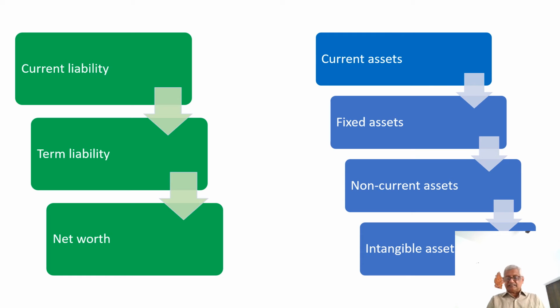And the net worth is nothing but the owner's funds, which consists of the capital, reserve, and surplus. So the first two, that is the current liability and the term liability, are payable to outsiders, whereas the net worth, the capital, the reserve, and surplus, is to be paid to the owners of the business.